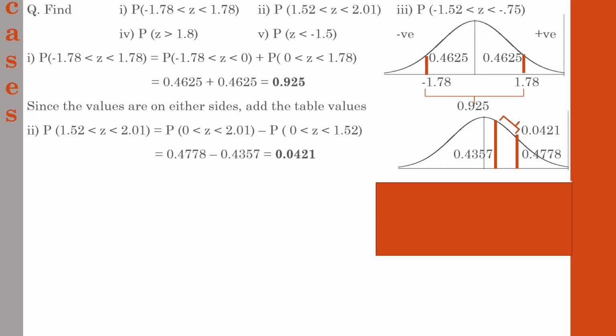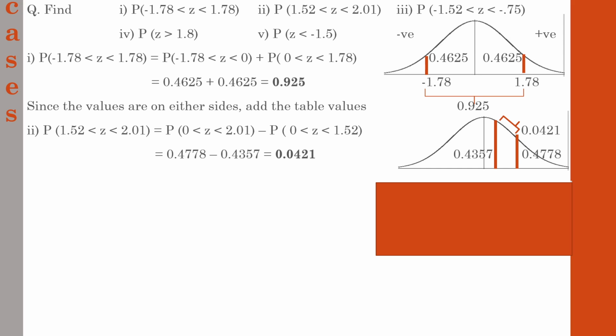Okay, next one, 1.52, that is 0 till here. With the graph I will show the representation of each of these three cases. So for 1.52, as per the table, the value is this one. So why have we taken the subtraction sign instead of a plus sign?